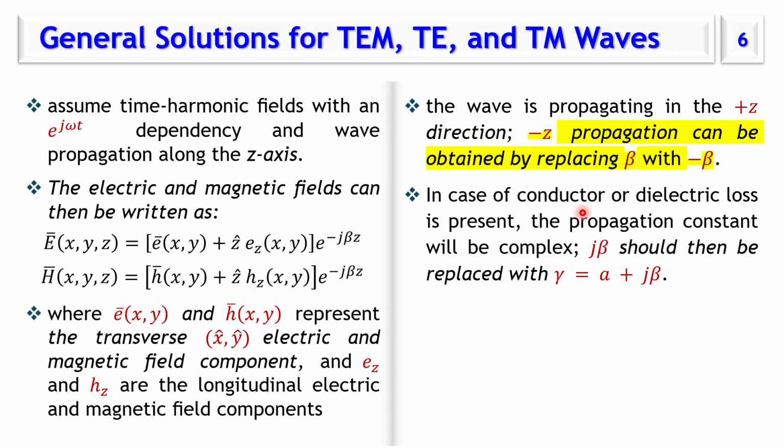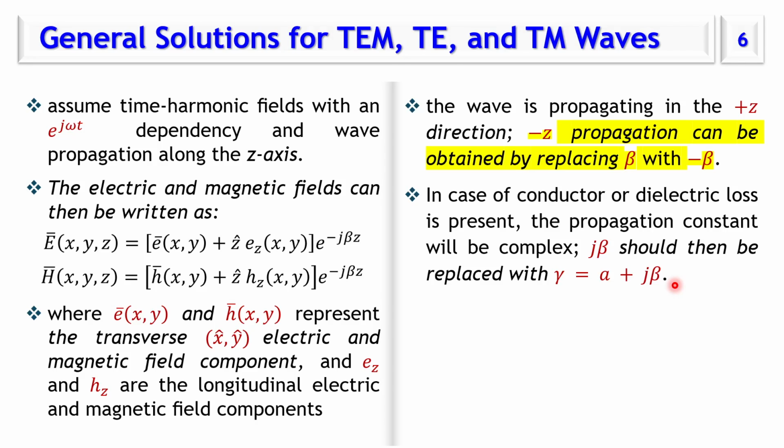As I said, we are assuming at the beginning a perfect conductor and a perfect dielectric, so there are no losses. That's why the propagation constant is pure imaginary. If we have losses, the losses should be small, and all we need to do is replace j beta with alpha plus j beta, similar to what we did in the transmission line previous lecture, which is called a perturbation technique.